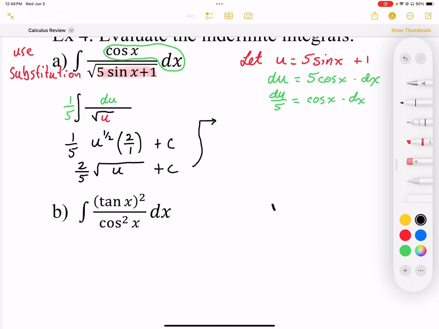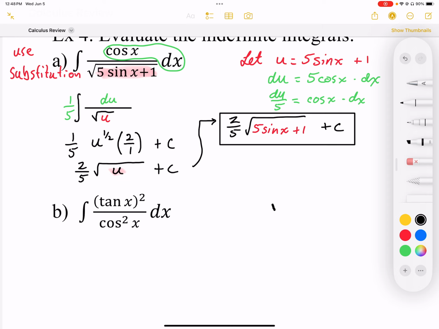I'm going to replace that u, because remember that u really was 5 sine x plus 1. So my antiderivative function is going to be 2 over 5 square root of 5 sine x plus 1, and then on the outside we have our plus c. So there is our indefinite integral.